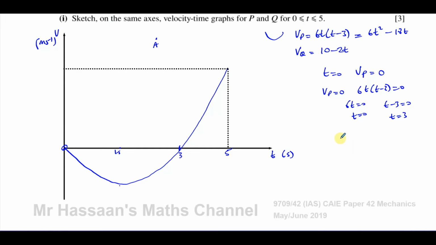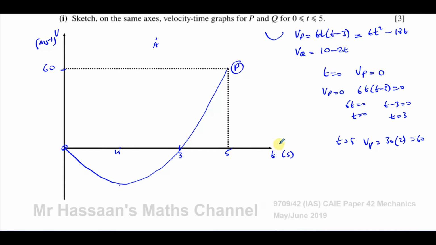When t equals 5, Vp is 6 times 5, which is 30, times 5 minus 3, which is 2, giving 60 meters per second. So after 5 seconds it has reached 60 meters per second. That's the curve of Vp, the journey of P.